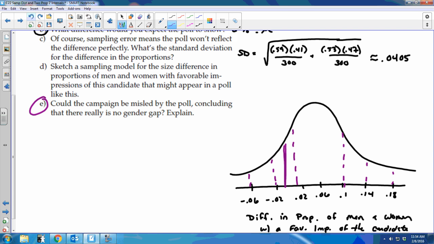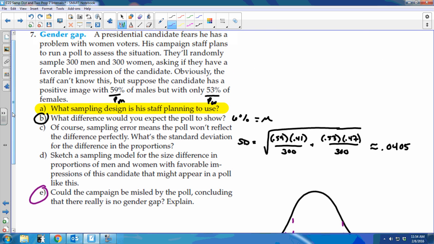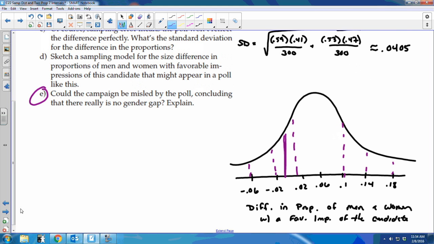Does that make sense? The question says, could the campaign be misled by the poll, concluding there really is no gender gap? Well, yes. We know that there is a gender gap because these are the true population percentages, right? They're talking about what's going to happen in this poll. Well, 0 is feasible because it's only 1.5 standard deviations below the mean.